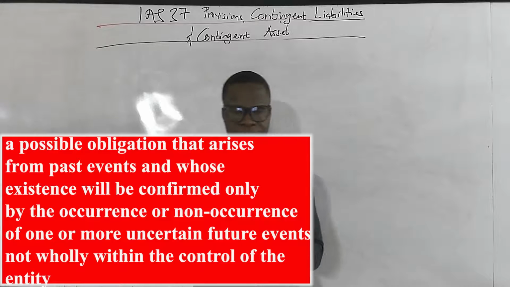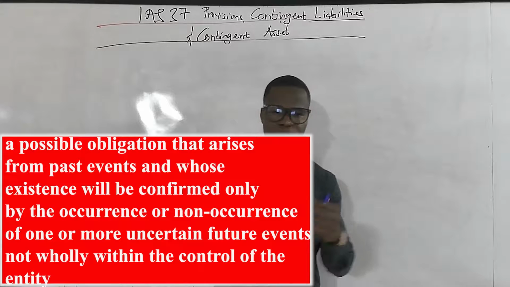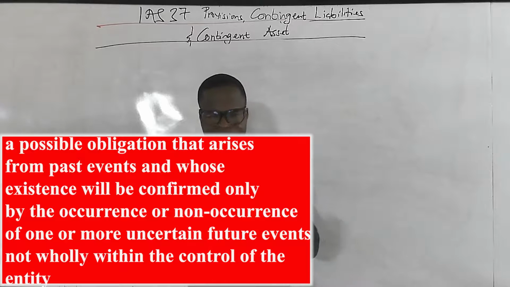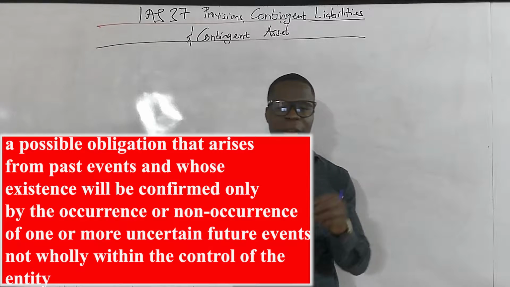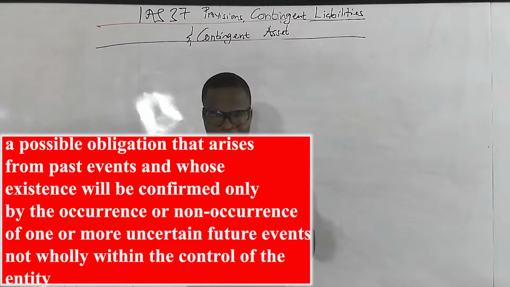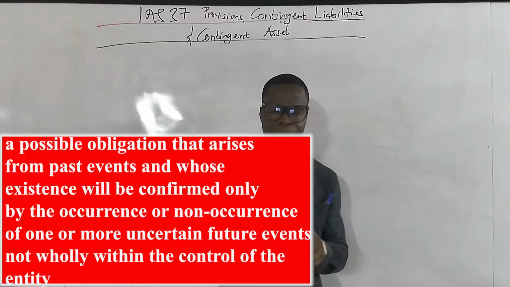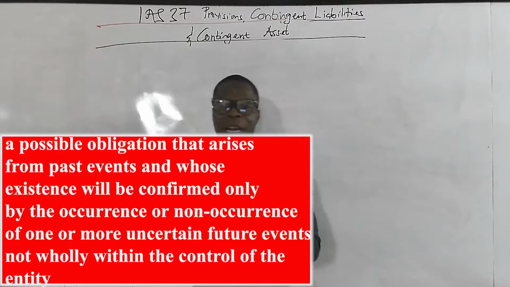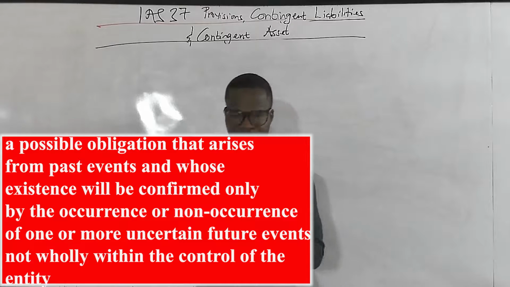Possible liabilities. And these possible liabilities also happen as a result of what? Past events. But the existence of these particular possible liabilities must be confirmed by the occurrence or non-occurrence of uncertain future events which are not within the control of the entity.